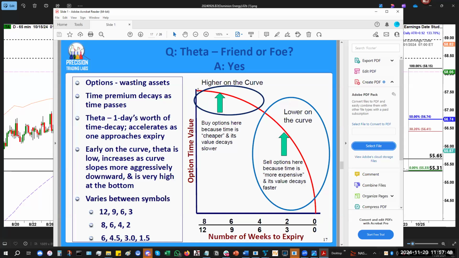So at least in my estimation, you want to look at this from the perspective of being a value shopper, because that allows you to create a trading system and a trading plan.